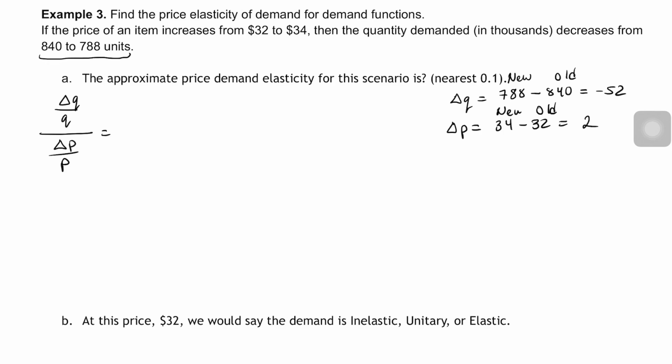So let's go ahead and rewrite over here. We have dq is negative 52 over Q, where Q is the original quantity, which is 840, and P is the original price, which was 32. Again, just like we did in the introduction video, this is the way we define elasticity. The change in P is 2 over the original price, which was 32.